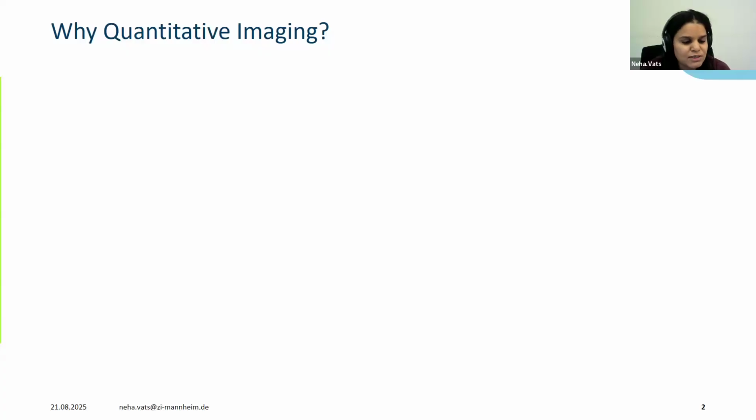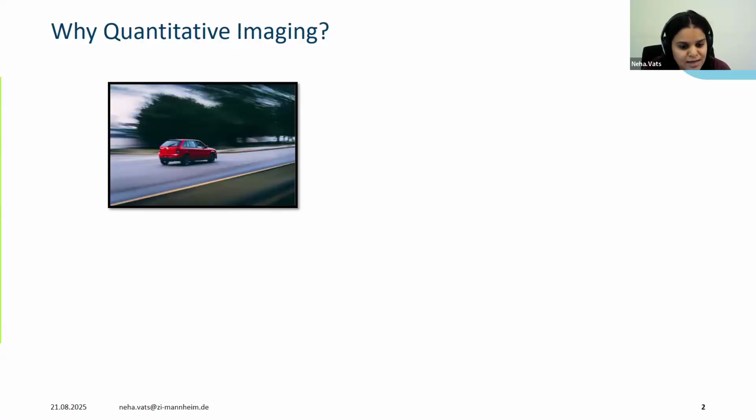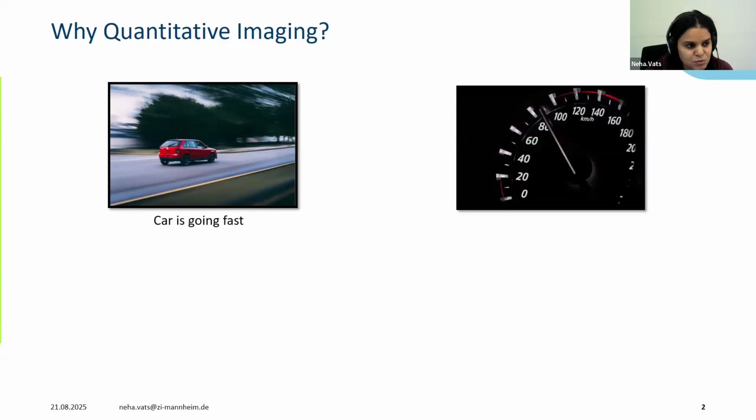Let me start with giving you a simple analogy. Imagine you are watching a car pass by, and you could either say that the car is going very fast by simply looking at it. Or now imagine that you have a speedometer or a radar meter, then you can measure the speed of the car, and you can say that the car is going at a speed of 90 kilometers, 80 kilometers, or you can quantitatively tell the speed of the car.